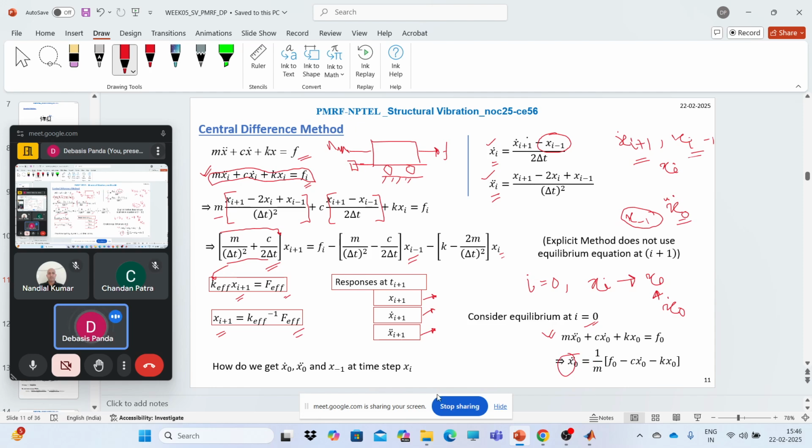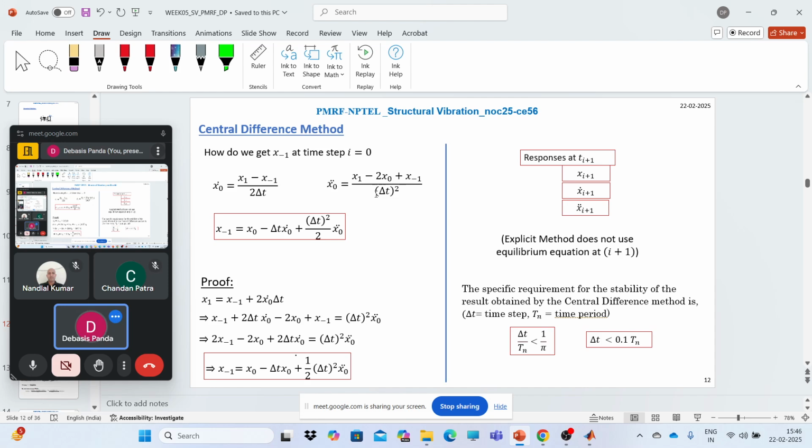Still we need to have one more quantity, because for the central difference method, at time instant I, if we want to consider the central difference between the ith and I plus 1 time points, I need to have this x I minus 1 quantity at each and every time point. So how can I get this x minus 1? It's also pretty straightforward.